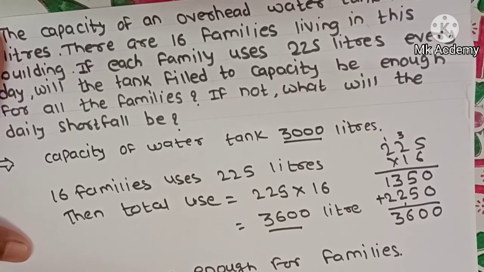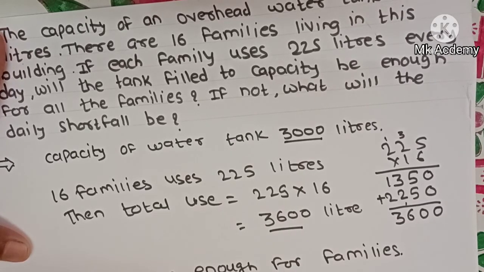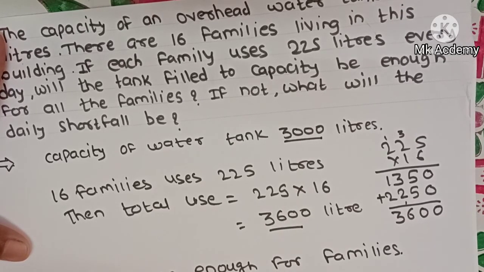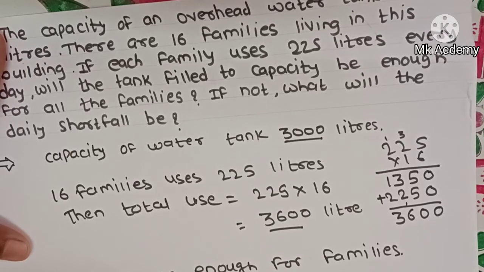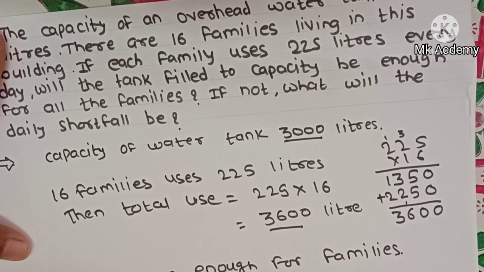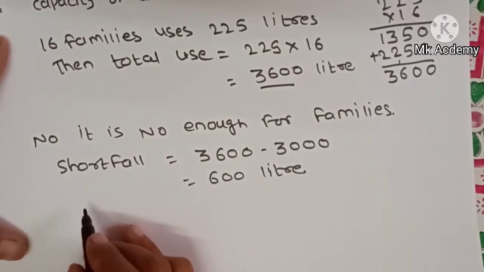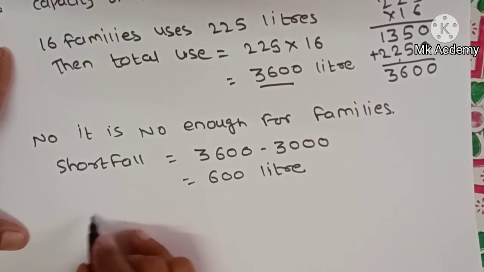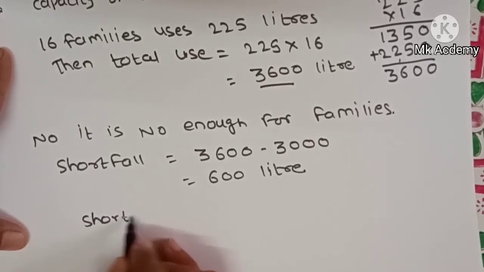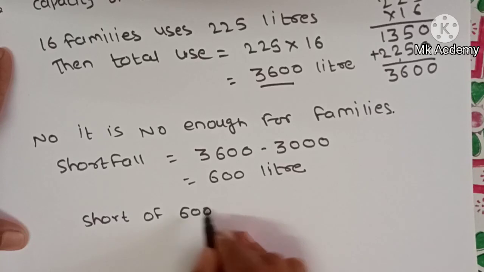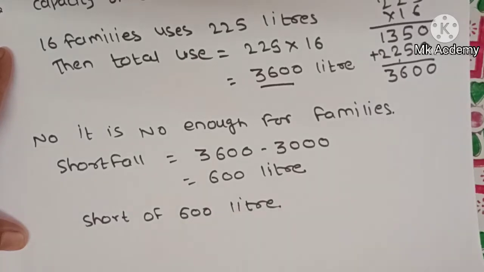Shortfall, we have to calculate. Shortfall is equal to 3600 minus 3000, which is 600 liters. Means there is a shortfall of 600 liters. Understood?